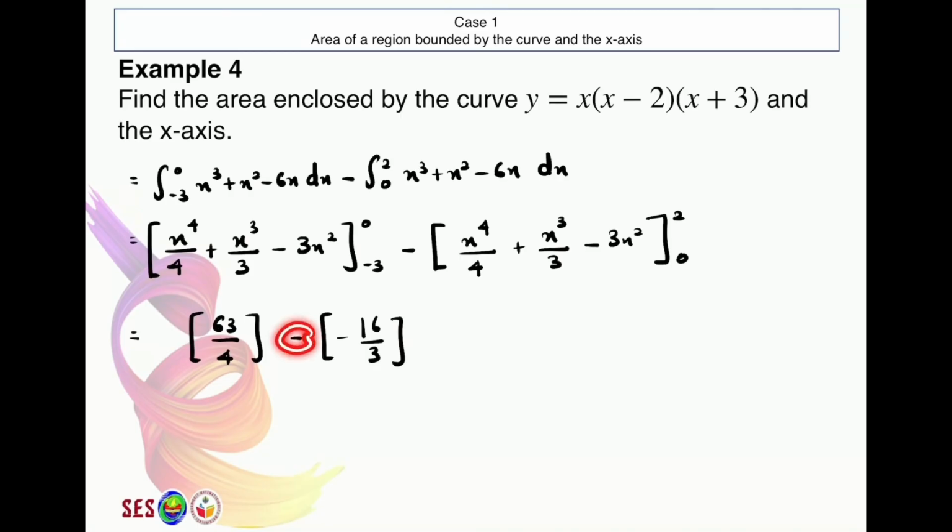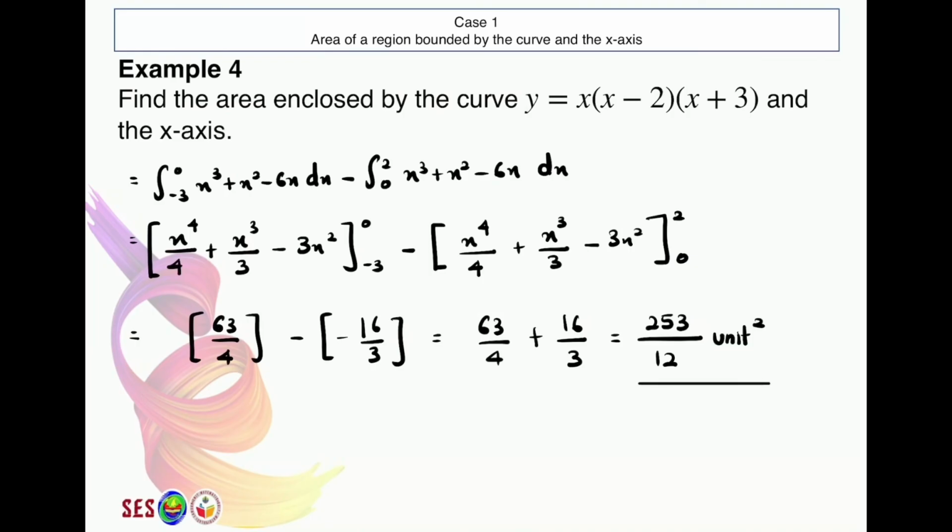When negative meets negative, it becomes positive, so we'll get 63 over 4 plus 16 over 3. This will give us 253 over 12. Remember the unit, it will be unit squared because we are currently finding the area. So this will be our final answer.